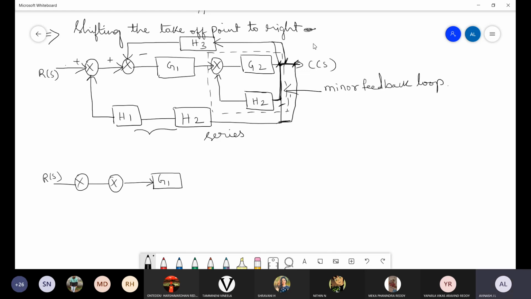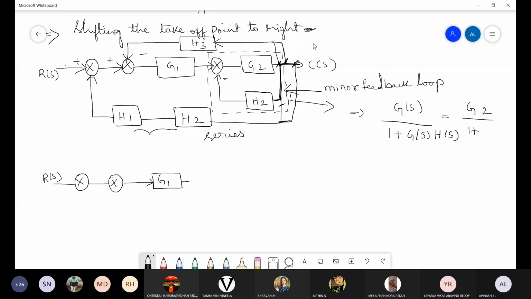G1. Now what is the value of this particular feedback loop? You know the general formula: if it is negative feedback, and here you can see that it is negative feedback, it is G of S divided by 1 plus G of S into H of S. So what is the G of S value?